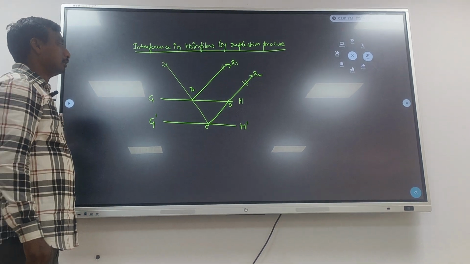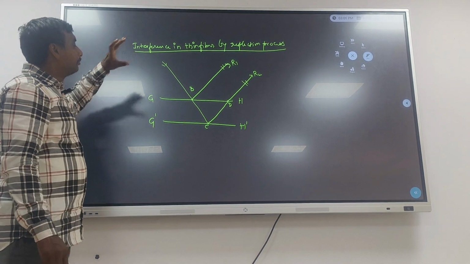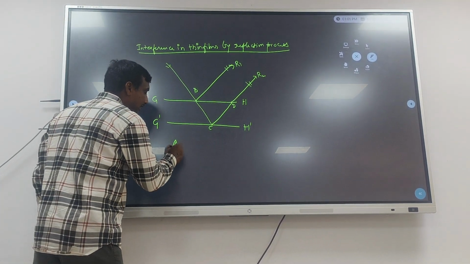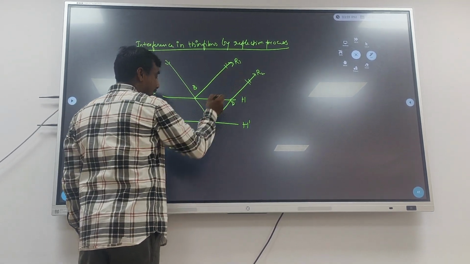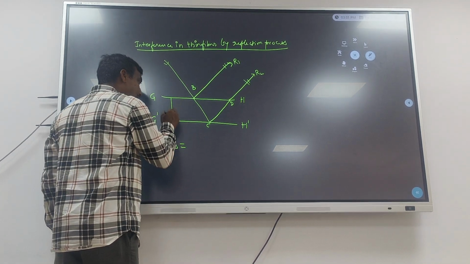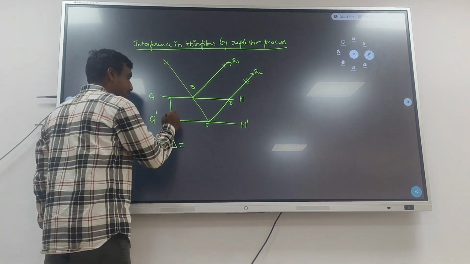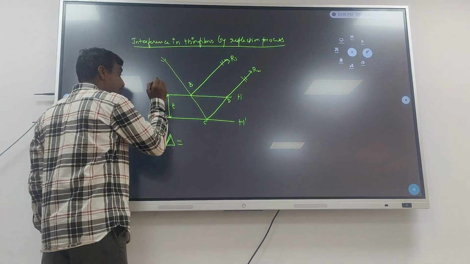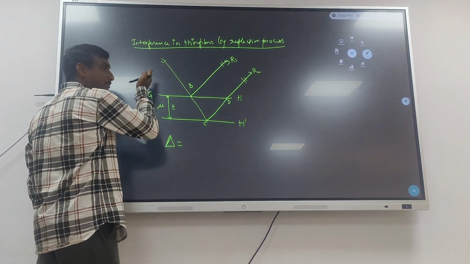So here, for the calculation of interference we are using the formula delta, the path difference between these two rays. The distance between these two glass plates is small t, and the refractive index value is mu, because rarer medium and denser medium are separated.